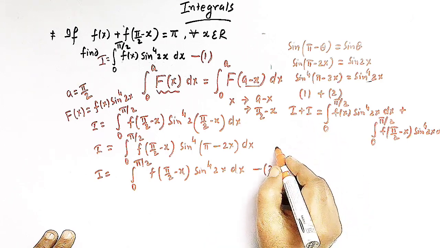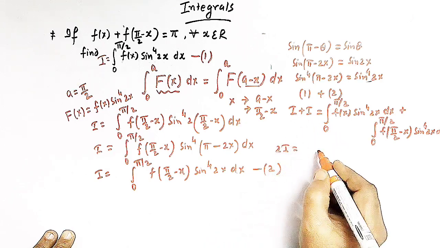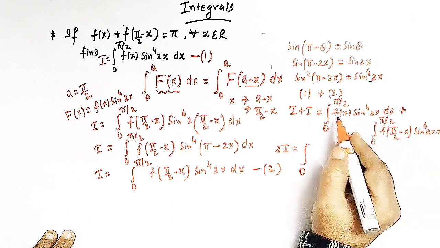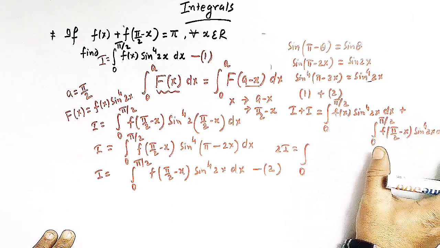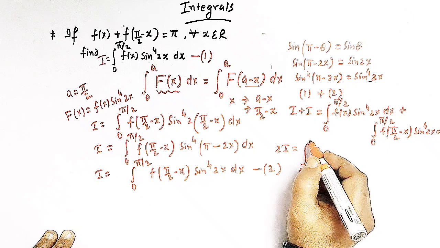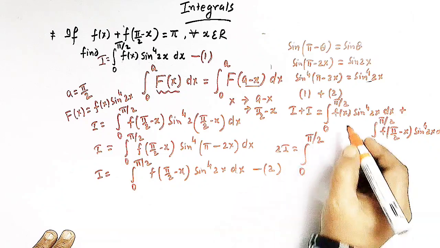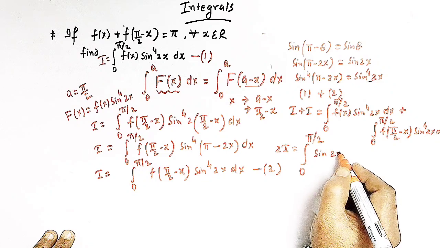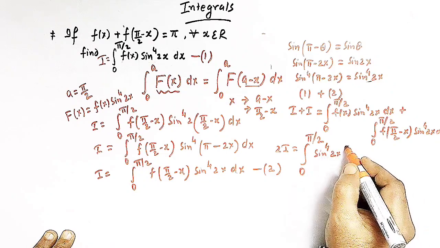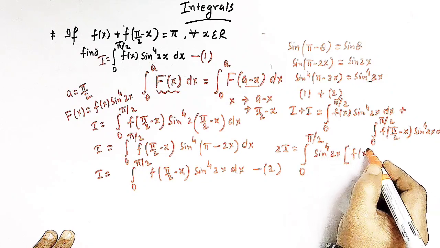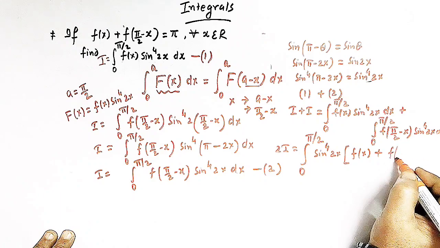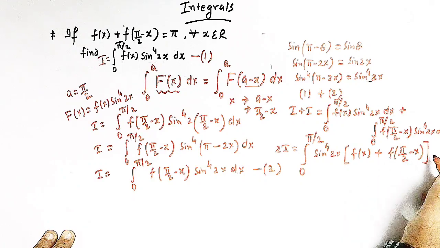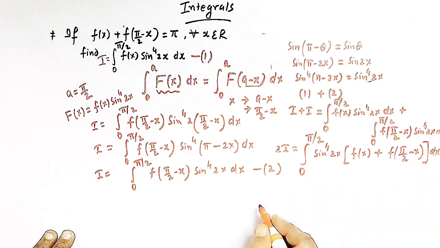So I plus I is simply 2I, and since the limits of integration are the same in both the integrals, we have 0 to pi by 2, and we can take sine 2x raised to 4 as common, and we have f of x plus f of pi by 2 minus x, and here we have dx, right?